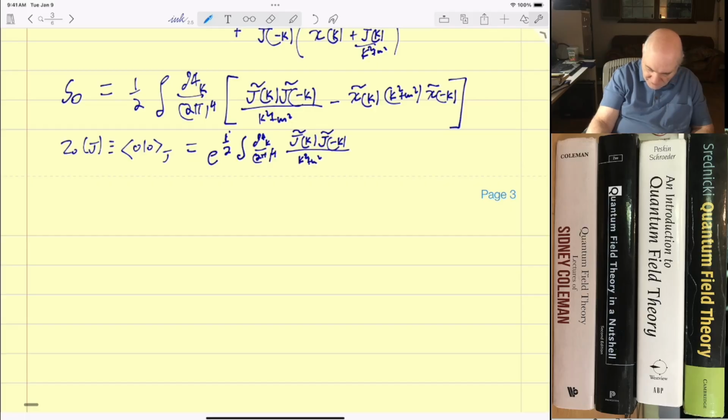I'm putting the minus i epsilon in because when we evaluate this we'll need it.